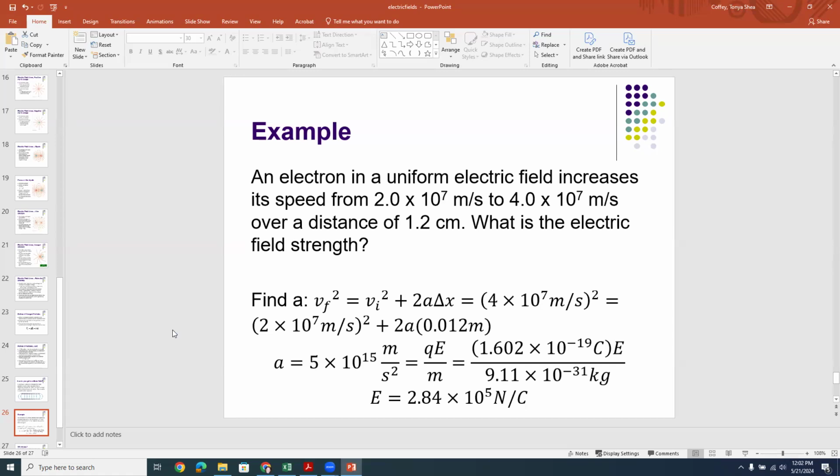So I'm plugging that in for q. The mass of an electron is 9.11 times 10 to the minus 31 kilograms. Again, that was covered in an earlier lecture, but it's also a given constant that appears in the covers of your textbook.